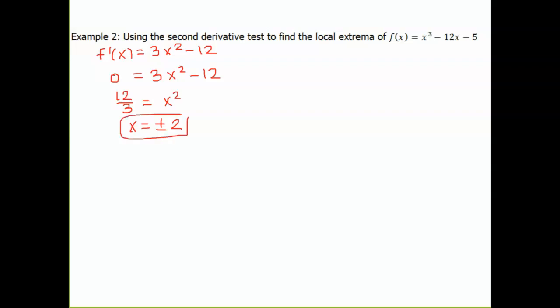So now I need to know if this value on the second derivative is positive or negative. So I'll find my second derivative. And then I want to find f double prime of negative 2 and f double prime of positive 2.